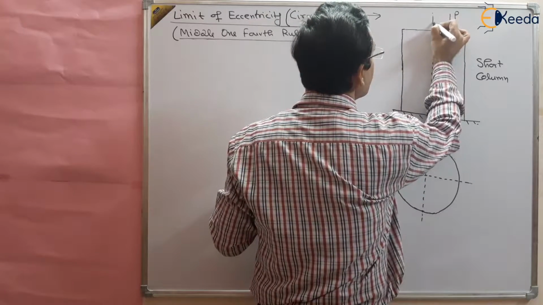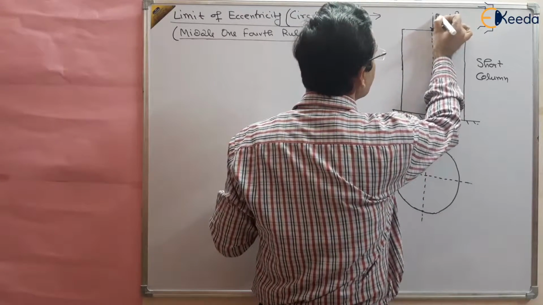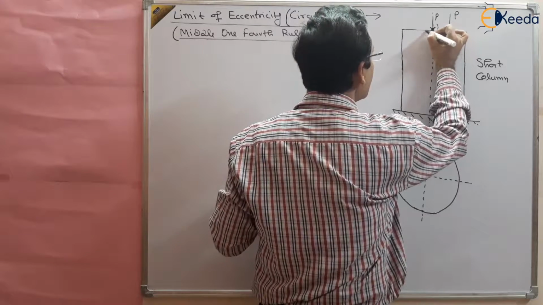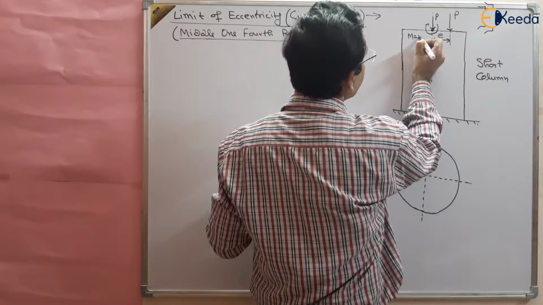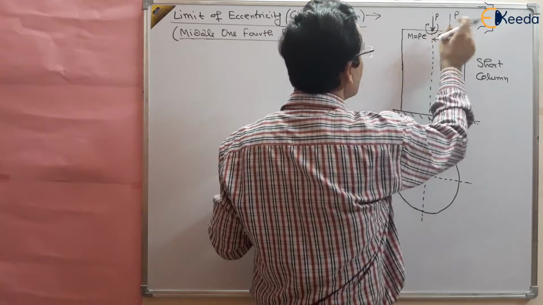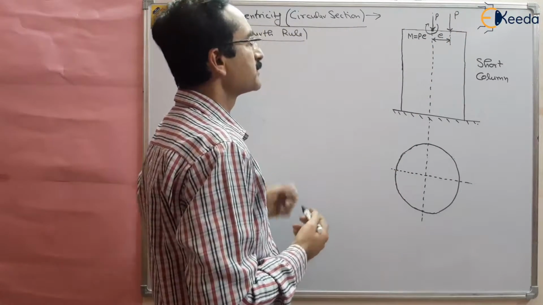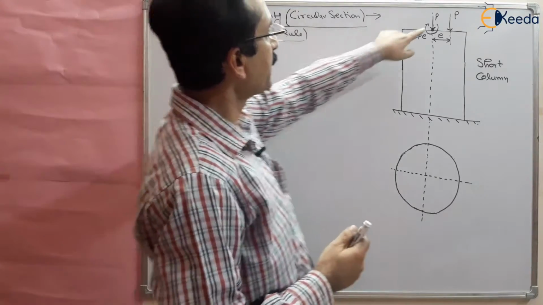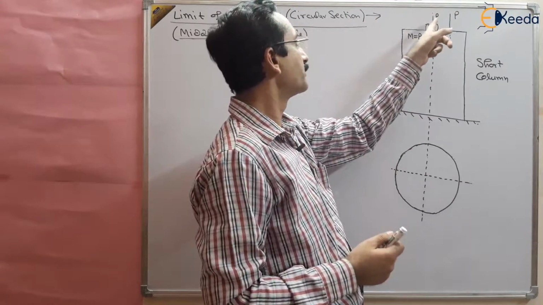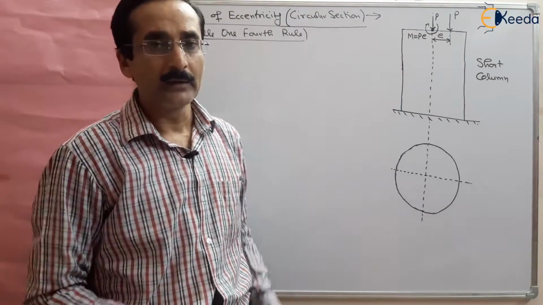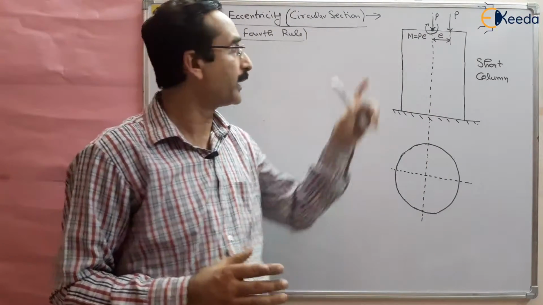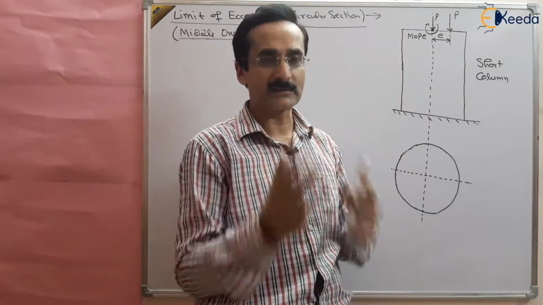It can be converted to two loadings, direct loading and bending moment, which has the value of PE, load multiplied by the perpendicular distance. Direct loading has direct stress, bending loading has bending stresses.